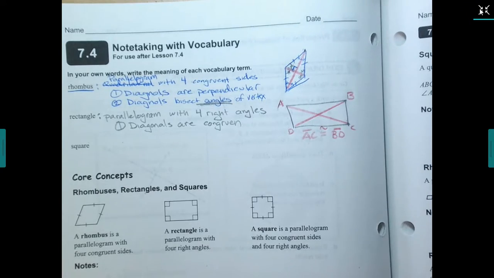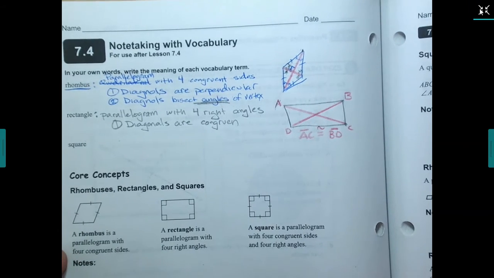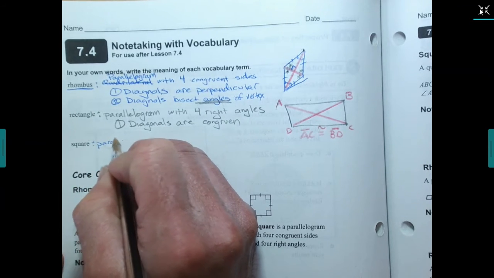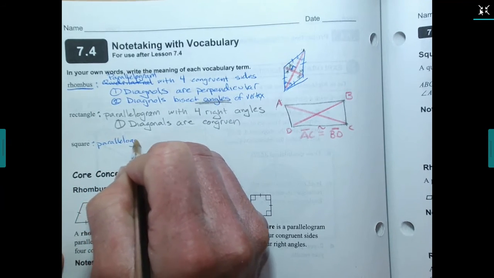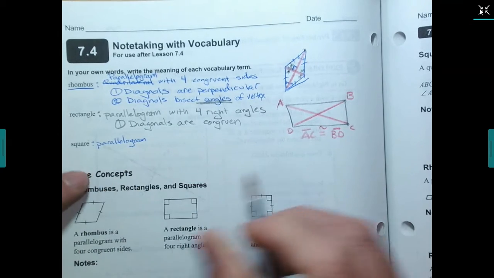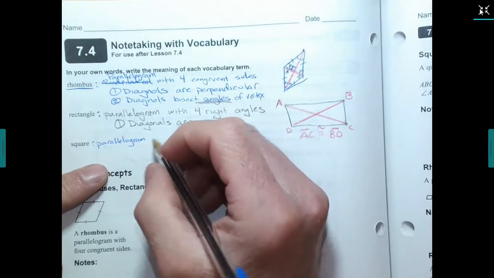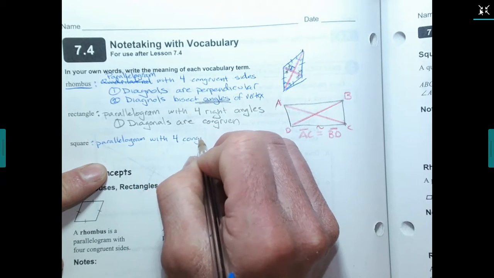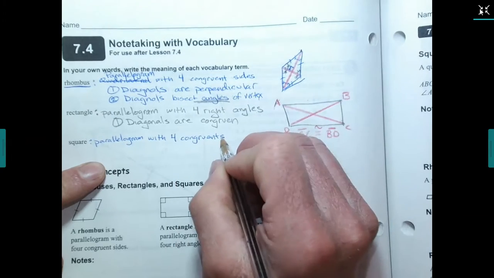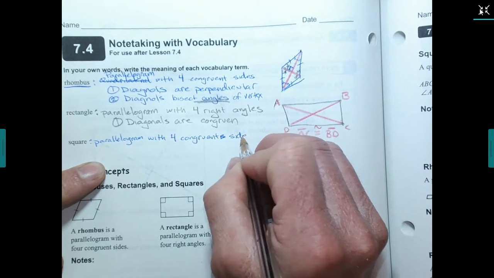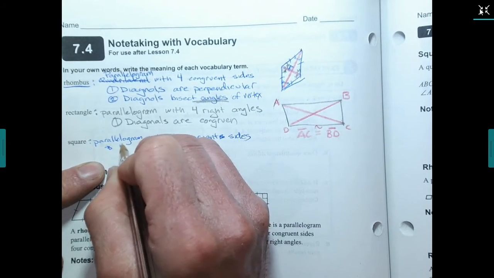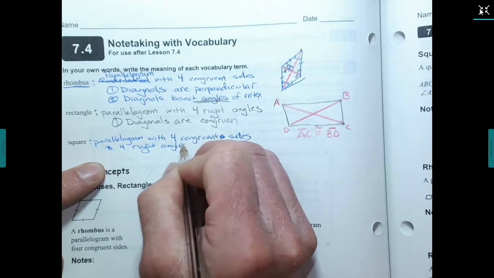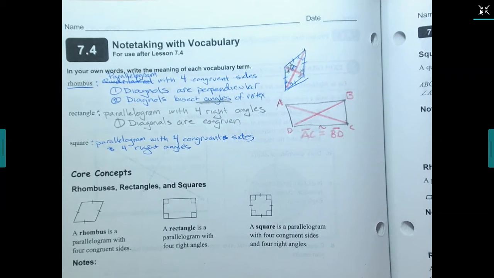Then let's do a square. A square is a parallelogram with four congruent sides and four right angles.